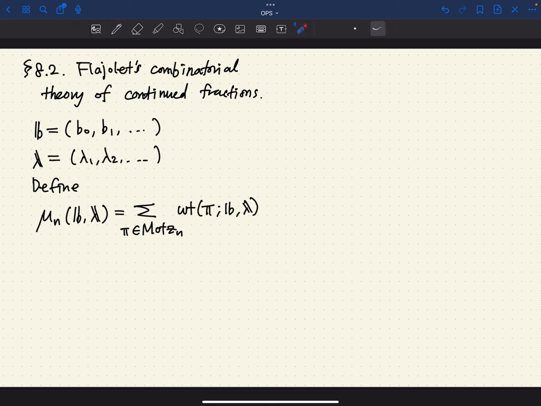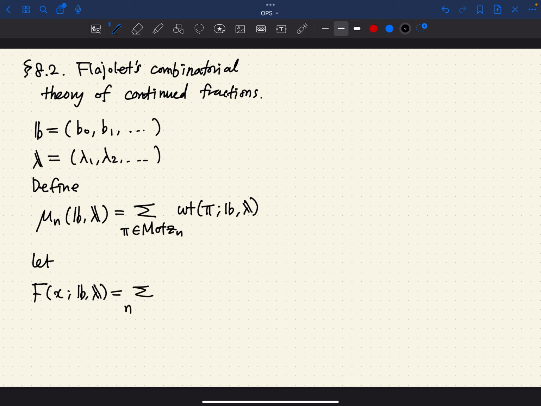In the usual weight, a horizontal step has weight b_i, a down step has weight lambda_i, the usual weight.